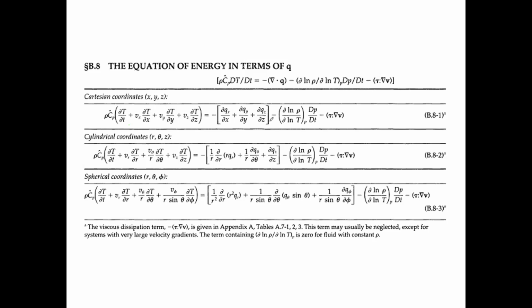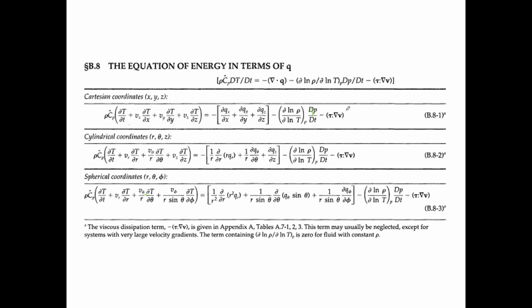Okay, so this one is actually for when we have a change in pressure and temperature, pressure, time, also temperature, and rho, but usually this one is neglected. Okay, and then this one is actually the term for dissipation, viscous dissipation.